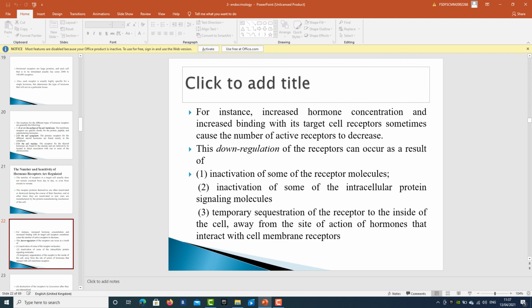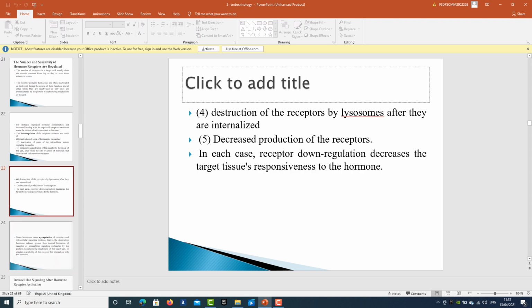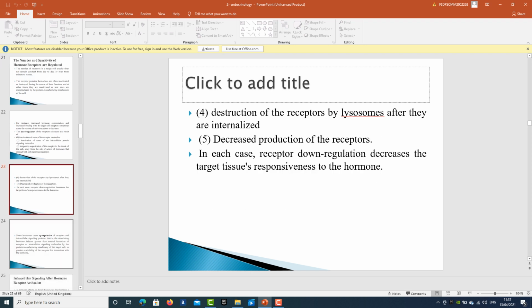So this is the downregulation of the receptors, making less availability of the receptors for the attachment of the hormone. Other causes are destruction of receptors by lysosomes after internalization and decreased production of the receptors. In each case, receptor downregulation decreases the target tissue's responsiveness to the hormone.